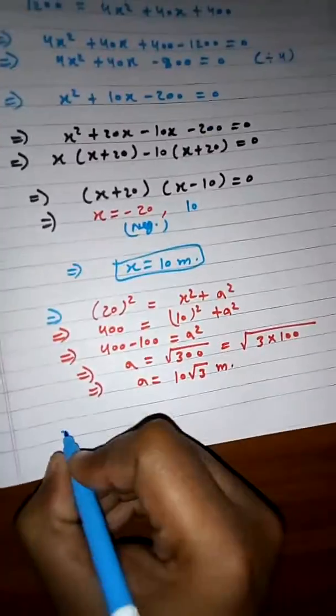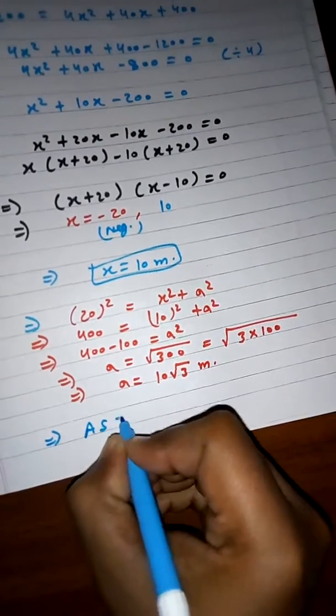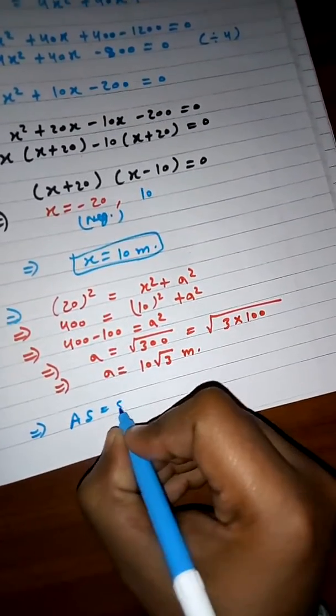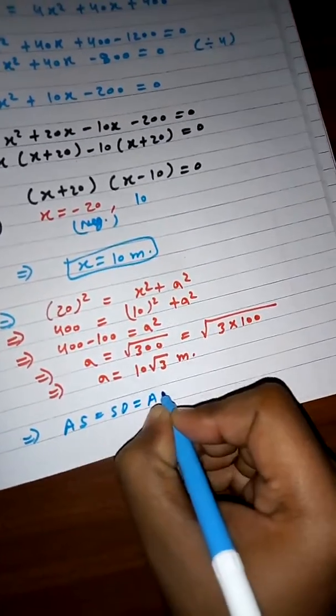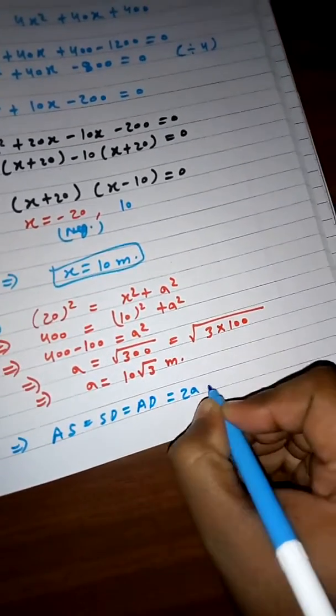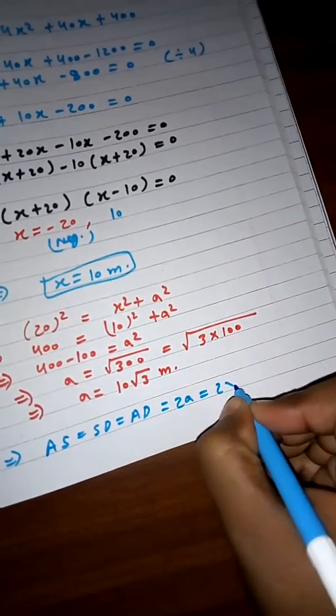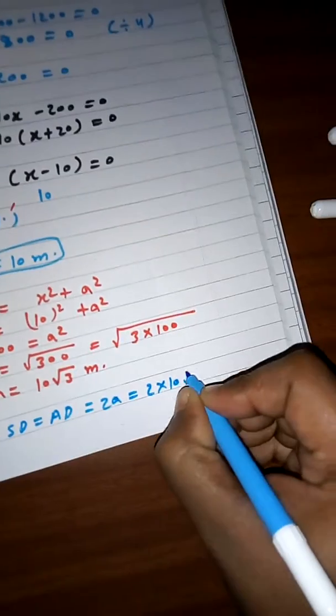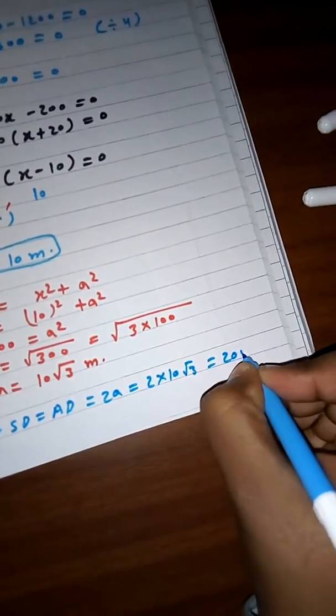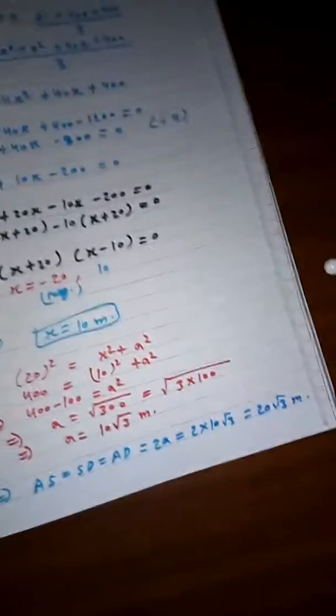Now finally we got our values of AS, SD and AD, that is 2a meters, which is equal to 2 into 10 root 3. The answer is 20 root 3 meters.